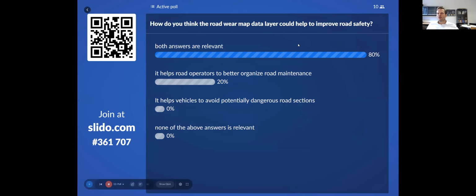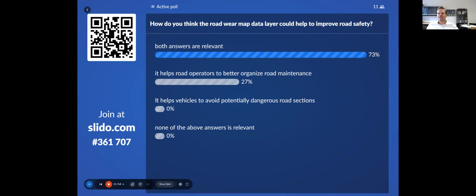Do you think the road wear map data layer could help to improve road safety? There have been several options. It helps road operators to better organize road maintenance, or it helps vehicles to avoid potentially dangerous road sections.